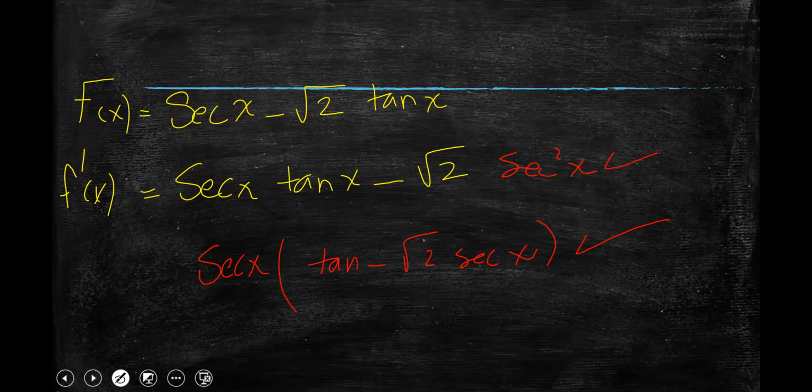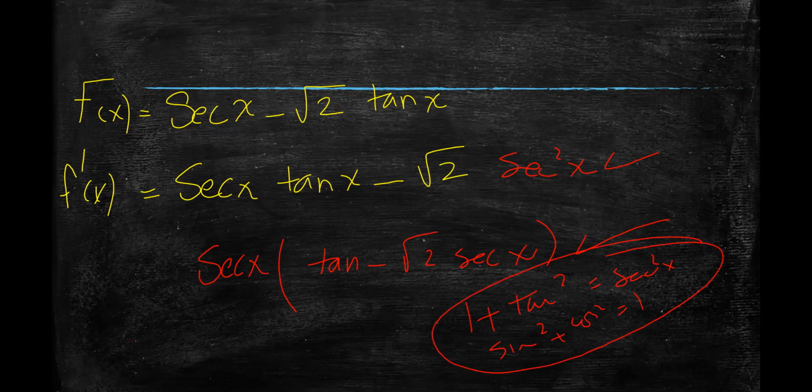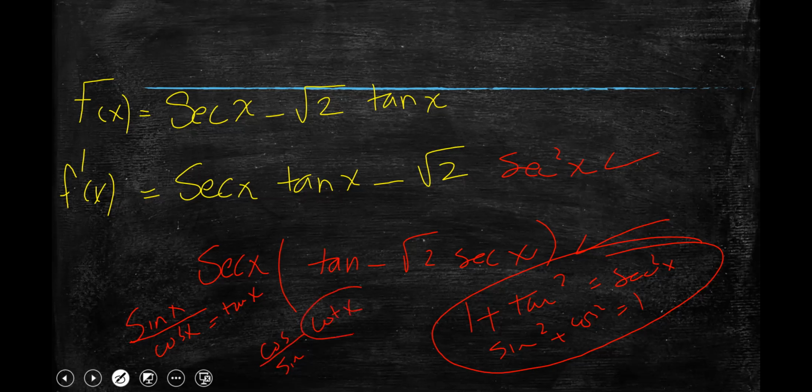So you have to know that 1 plus tan squared equals secant squared, and sine squared plus cosine squared equals 1. You have to know these identities. You have to know also that sine x over cosine x is tan x, and cosine over sine is cotan. And 1 over tan is cotan.